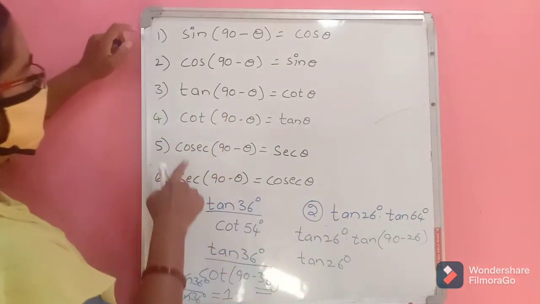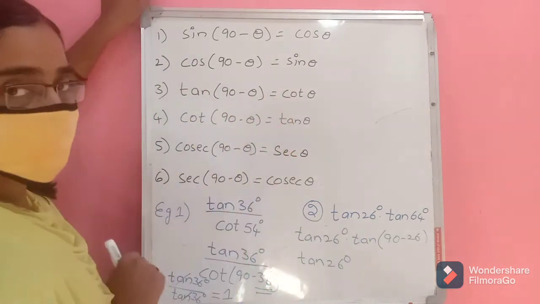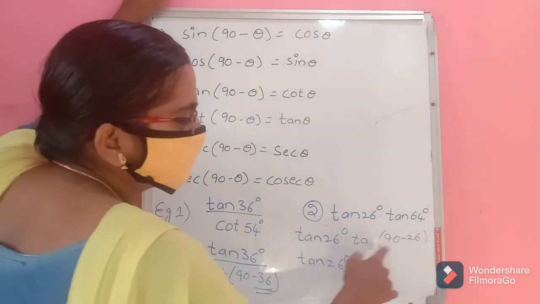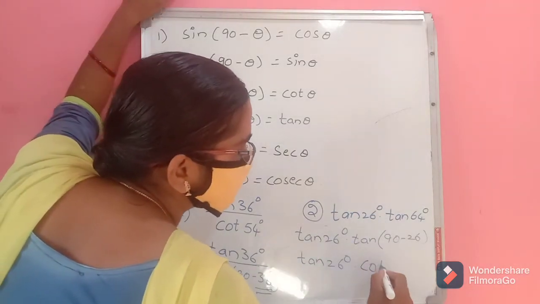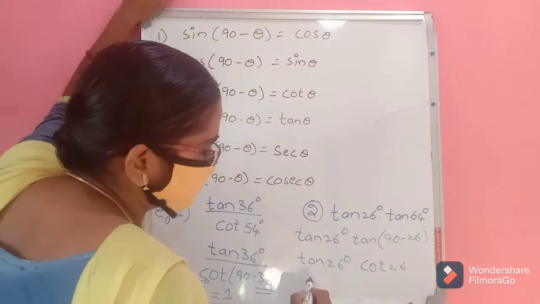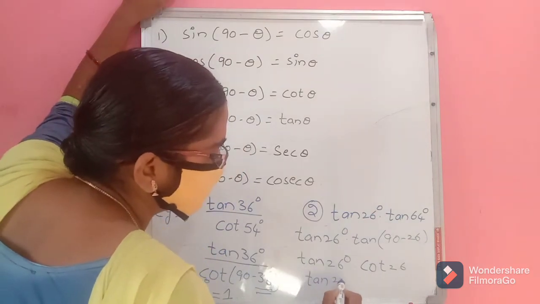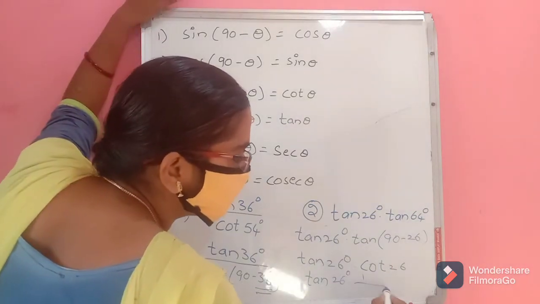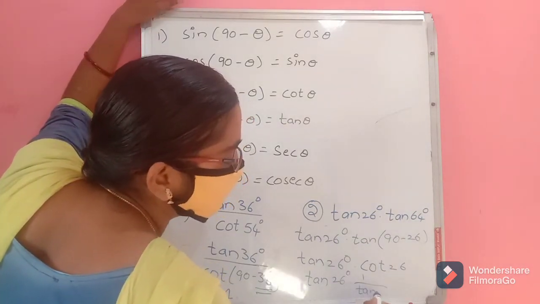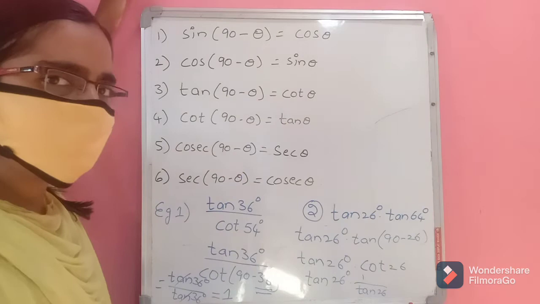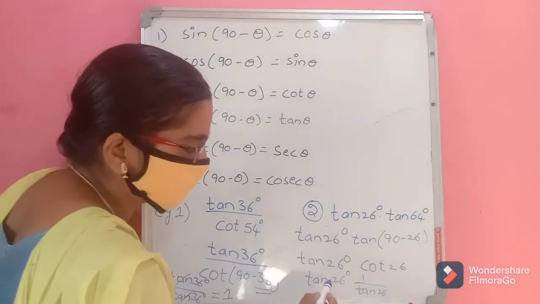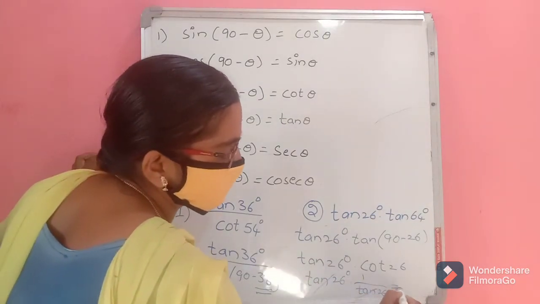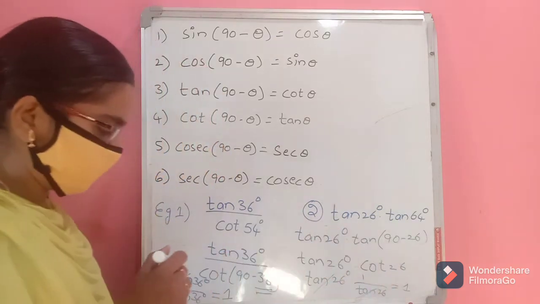Tan 90 minus theta is cot theta. So, this we can write as cot 26. Then tan 26 into cot 26 means cot is reciprocal of tan. That we can write as 1 by tan 26. Tan 26 gets cancelled. We get again value 1.